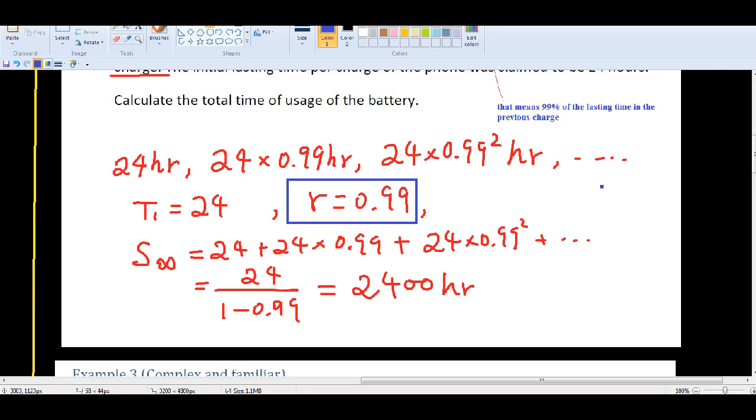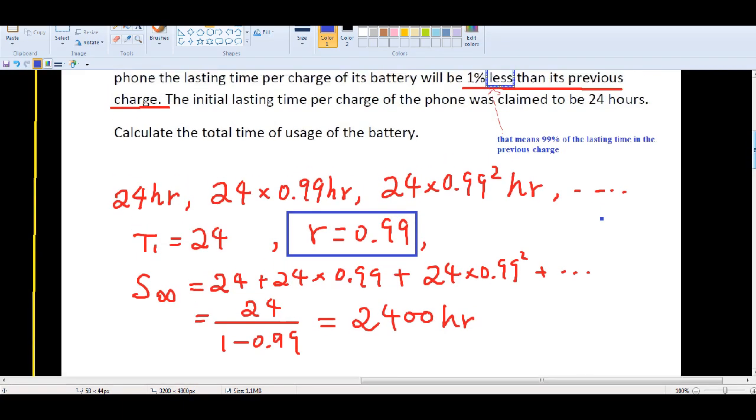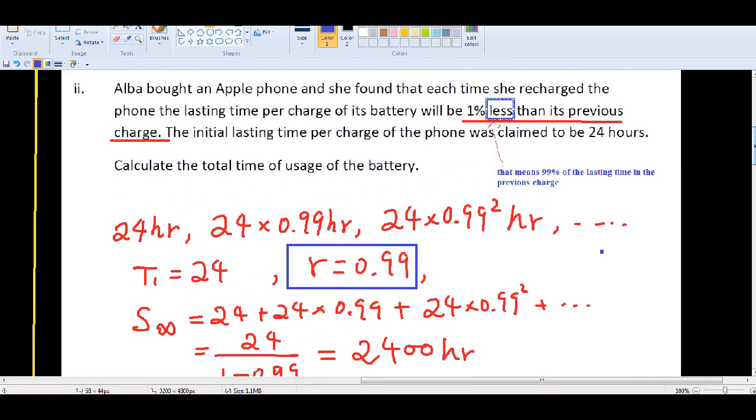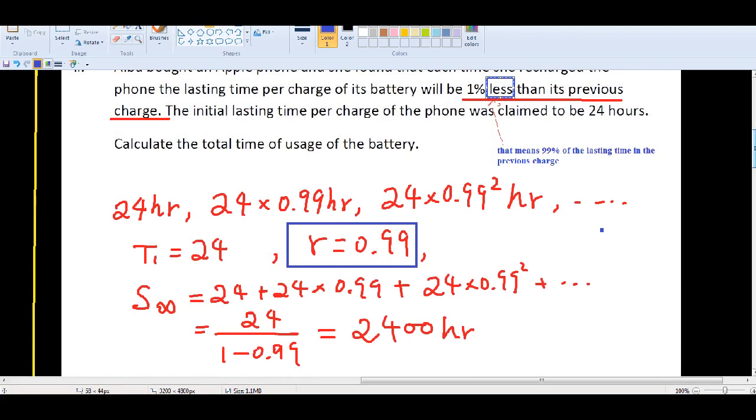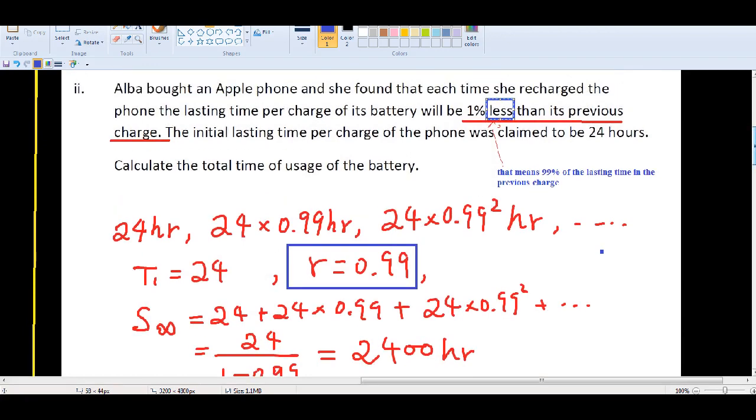If you use 0.01 as your common ratio, then the answer would be 24.24 hours. That means you can only use it once. So sometimes you need to look at the answer you've got and try to make sense of it. Remember this question? You might see it in the future, possibly in the examination, right?